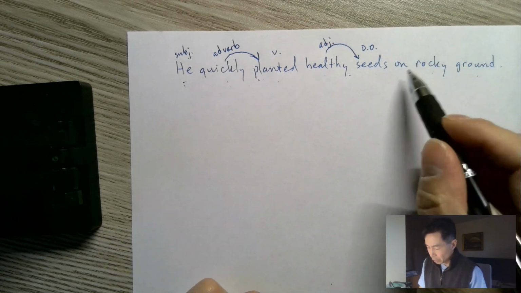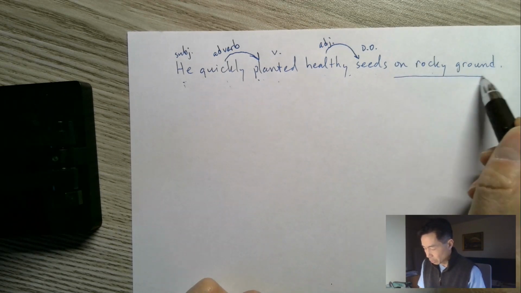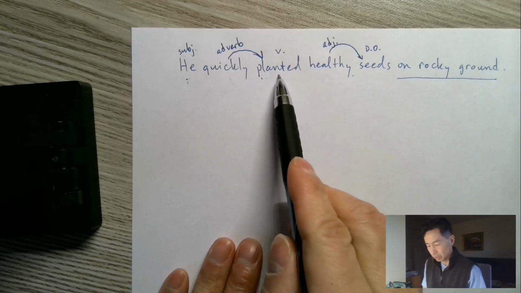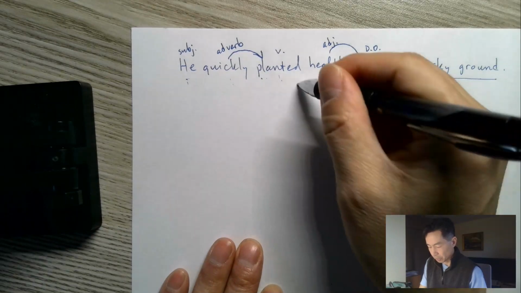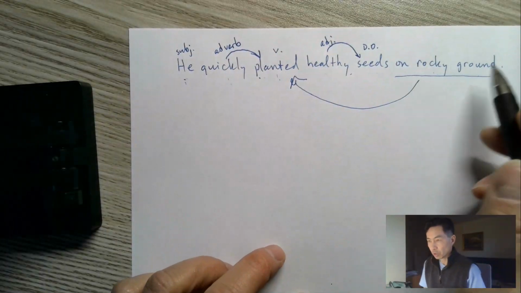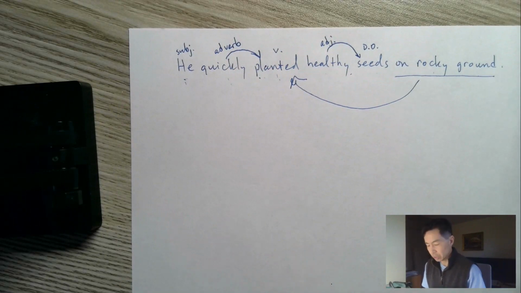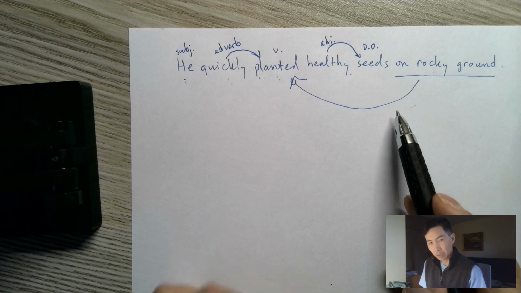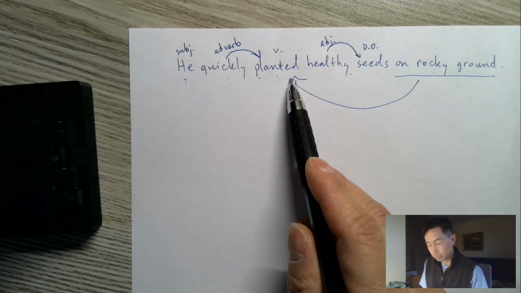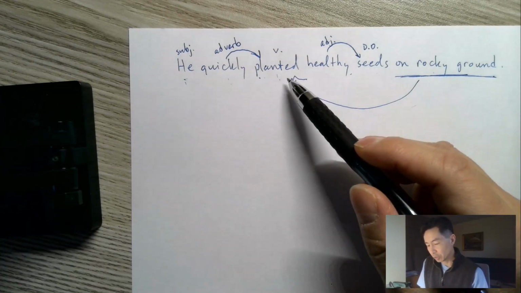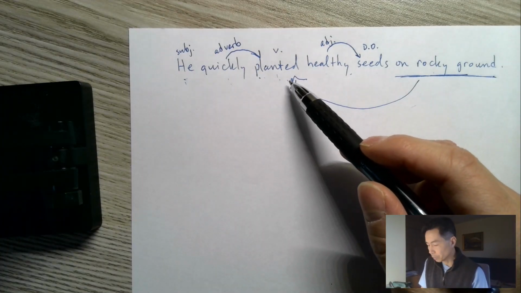And then we've got this phrase, on rocky ground, which also modifies planted, just like quickly does. But these three words work in concert as a team to describe in more detail how the seeds were planted. So you can probably guess where these words are going to go in relation to the word planted.